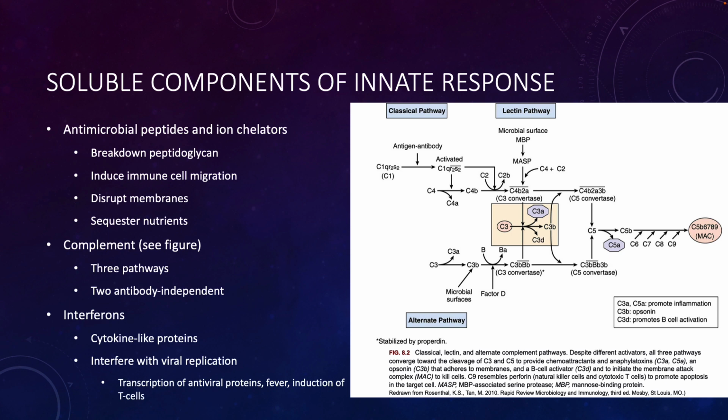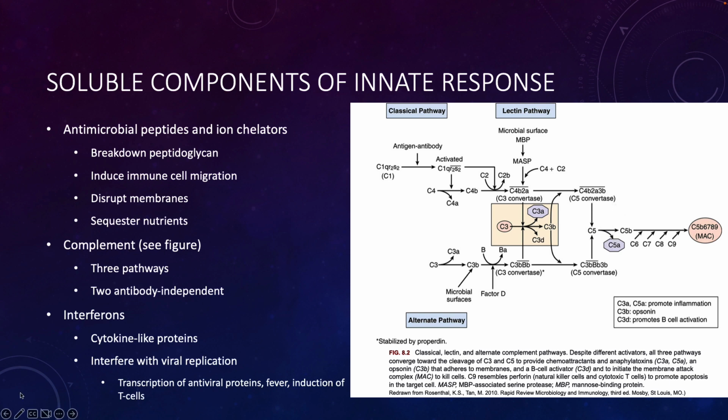We can also sometimes have this happen on our cells, which is usually pretty bad. So we want to target this towards our invaders. So we have to be very careful about what activates this particular pathway.